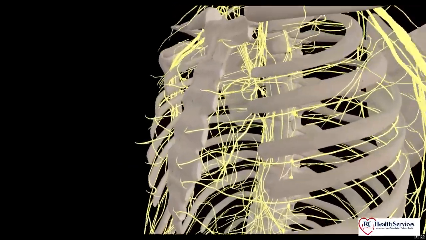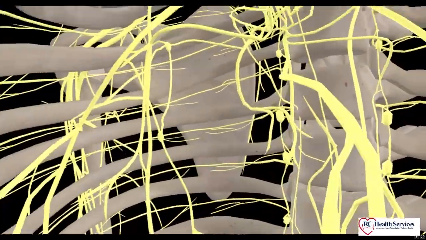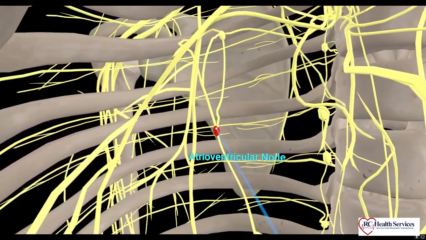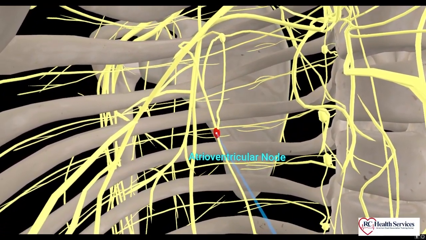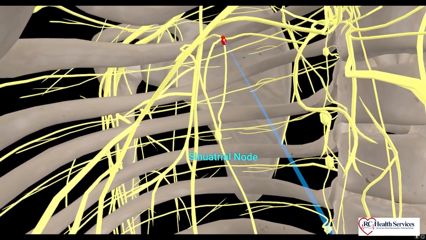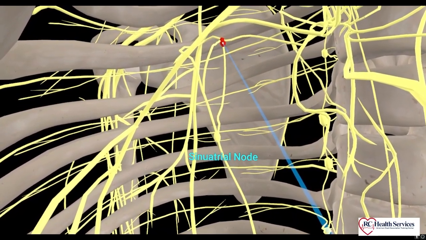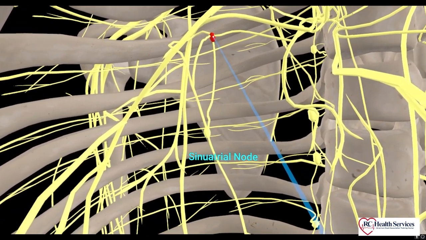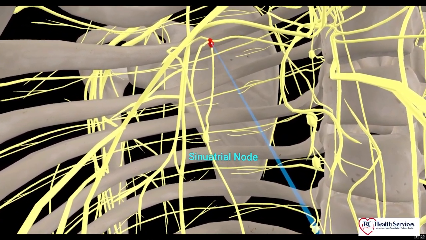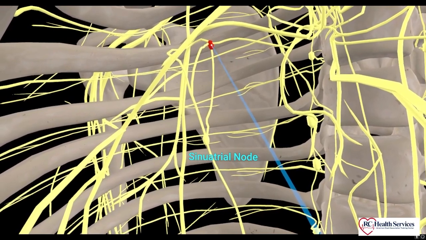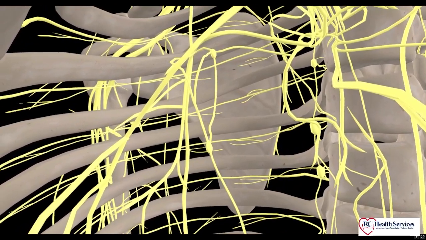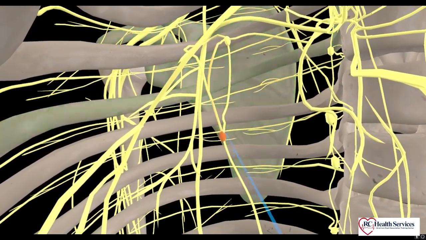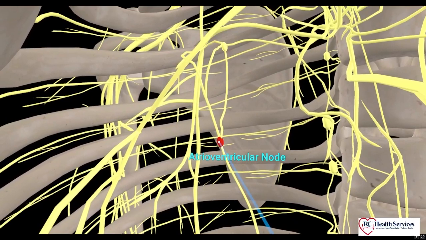So if you go into the thoracic cavity, you'll notice these little nodes right here. They're within the heart. And so those nodes actually create the pace or the heart rate of the heart. They're called pacemaker nodes. So the SA node, that's going to be in the atrium.